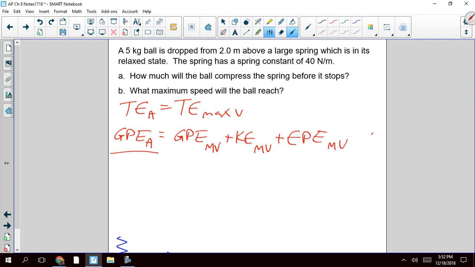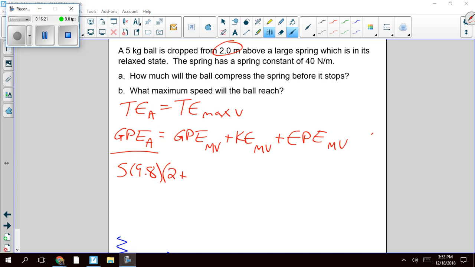So the GPE at A, that was the mass times the acceleration of gravity times the height. Remember, our height was the original 2 meters plus how far we squished it, right? And so the x that we found before was 3.75, right?